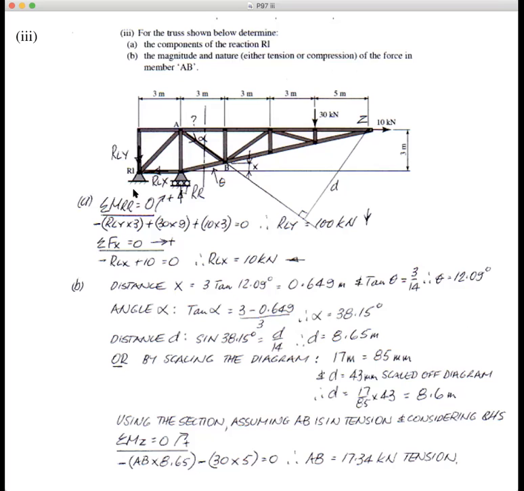So let's find the vertical component, which will be RLY. And I'm saying that vertical component is going down because if you have a look at this truss, you've got a clockwise moment produced by that force and a clockwise moment produced by that force. If you take moments about that point there, you've got to have an anti-clockwise moment produced by that reaction.